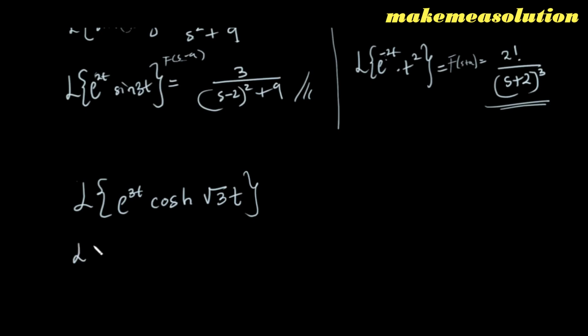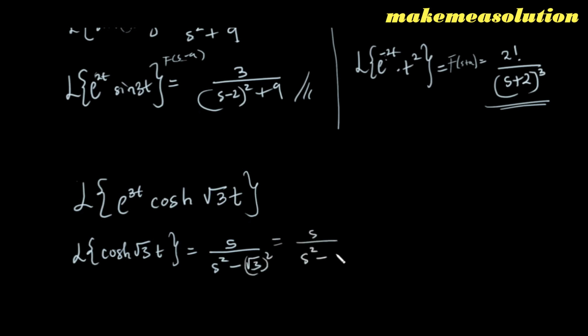We already know that the Laplace transform of cosh root 3t is going to give you what? Very good. You have s all over s squared minus root 3 squared, which is s all over s squared minus 3. This is for hyperbolic cos. So this is our f of s in this case.